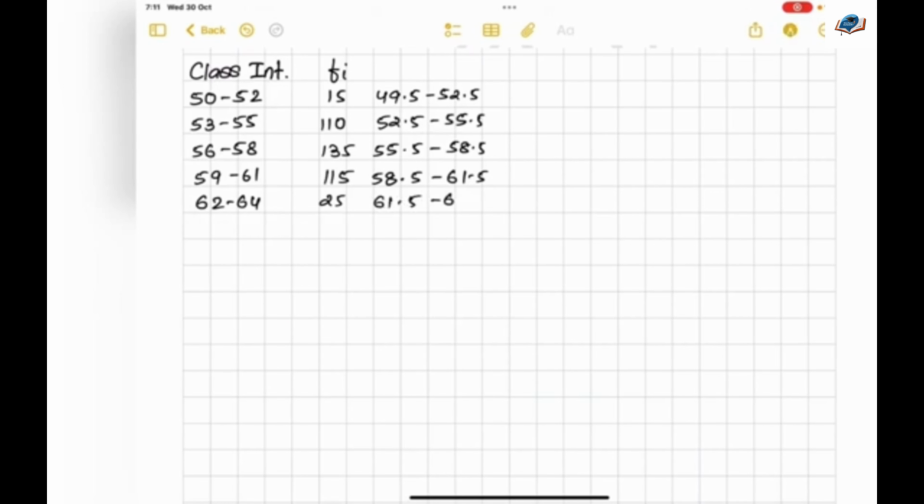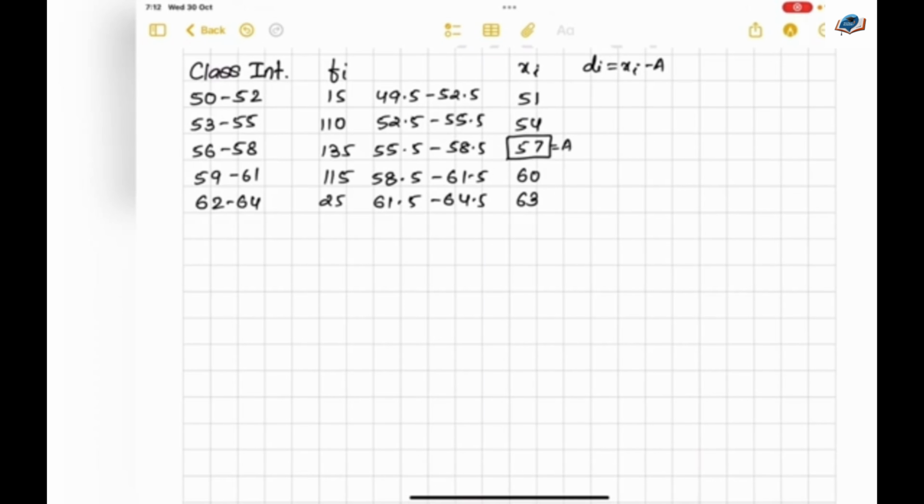Now, moving ahead, f is already given. Now, xi I am finding. So, 49.5 plus 52.5 divided by 2. So, I am getting 51. Same way, this will be 54, 57, 60, and 63. Now, third one I am taking as a. So, di will be xi minus a.